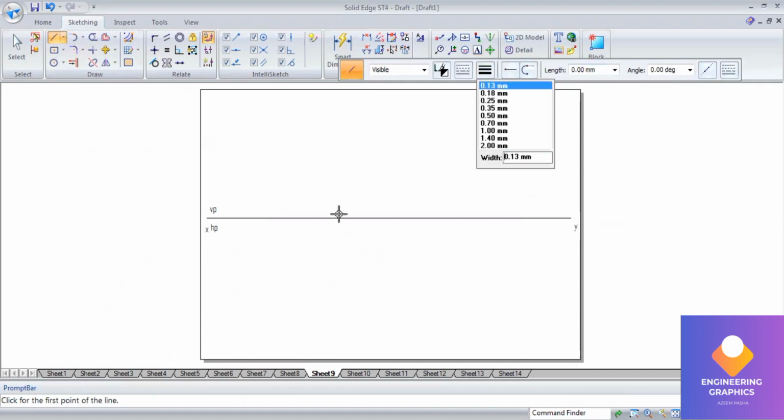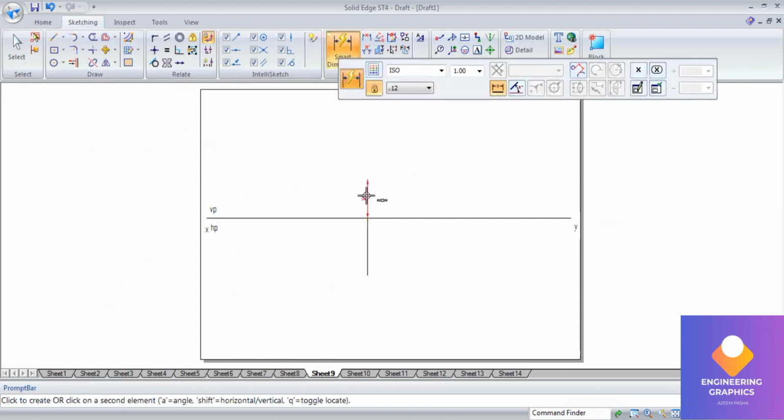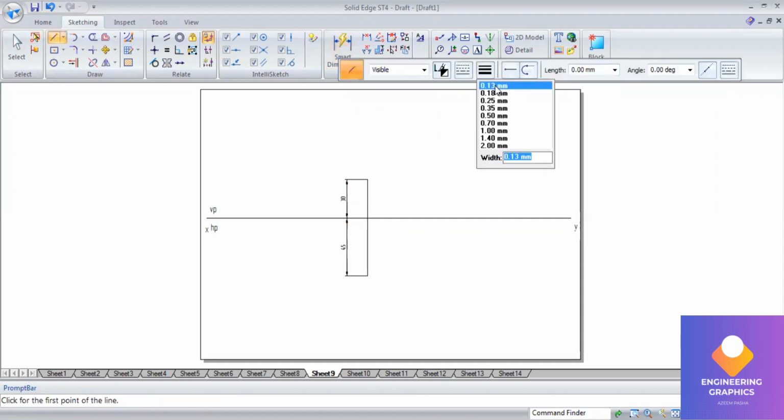Now for the midpoint, I'll be considering a distance here: 30 mm above HP and 45 mm in front of VP. This is where we should mention that point C, the midpoint here. From this midpoint, I'll be drawing the true length. From this midpoint, length 40 and angle 30.